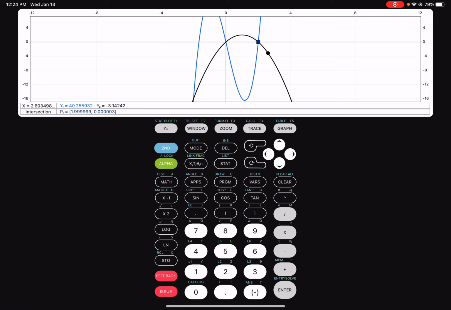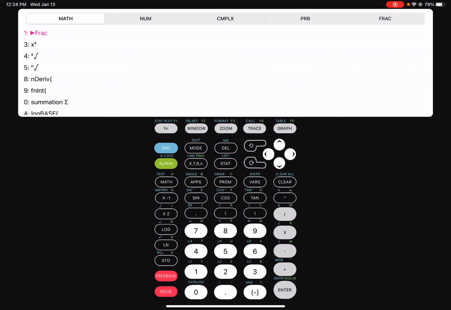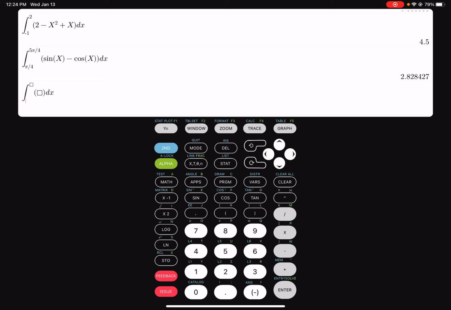So I can go back to my home screen and I can do math, integrate. Now let's see, I'm going from -2 to 0. And I've got 6x cubed minus 16x. Is that what we had? No, it's minus 24x. That's not right.